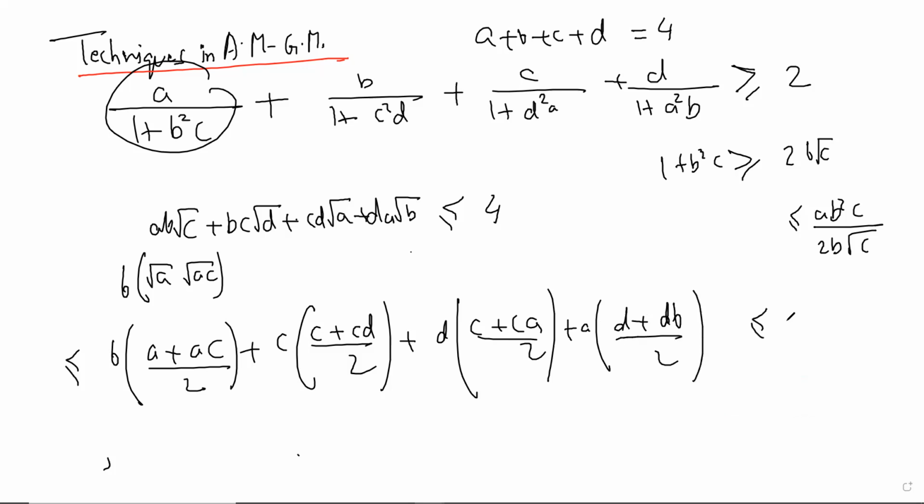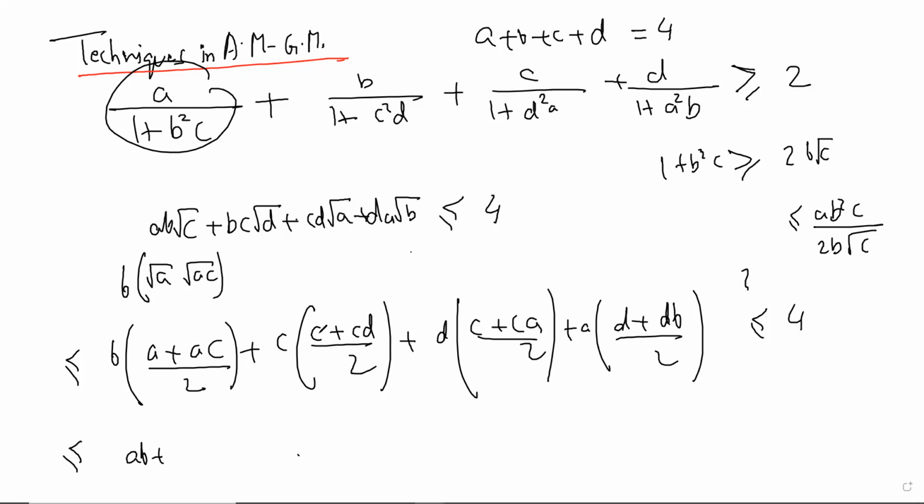Now I want to show this is less than 4. Let's first simplify everything. It's not a good way to present it like this, so I should move one step down, and you get this AB. Wait, I have messed it up here.